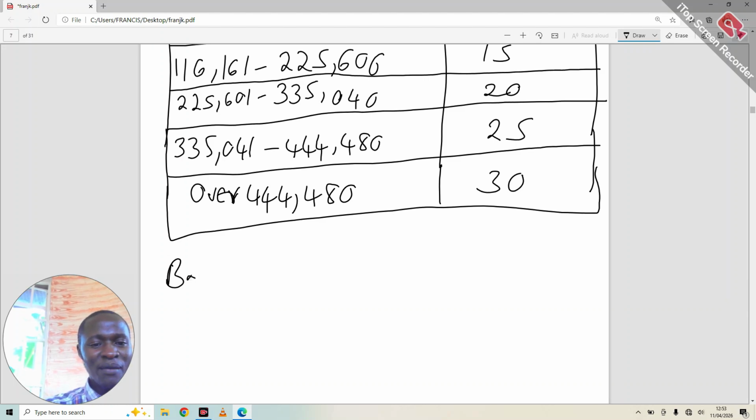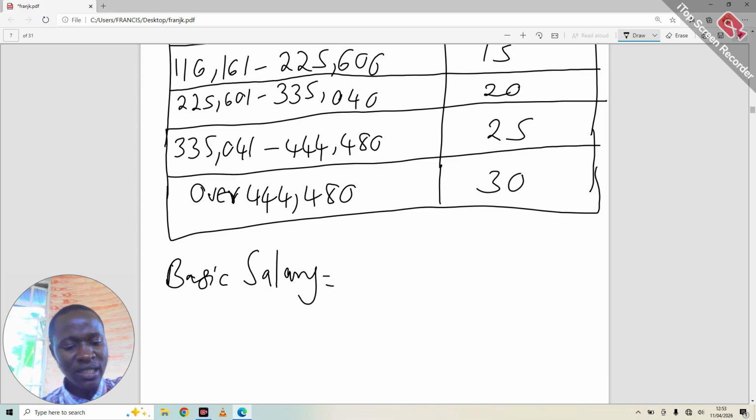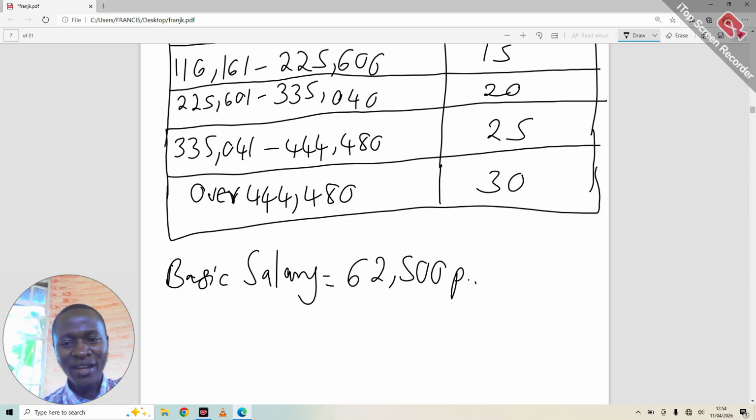That is the first term, basic salary. Gitau's basic salary for 2003 was 62,500 Kenyan shillings per month. Remember, that per month is also important, because if you just write 62,500 and leave it there, you might forget.